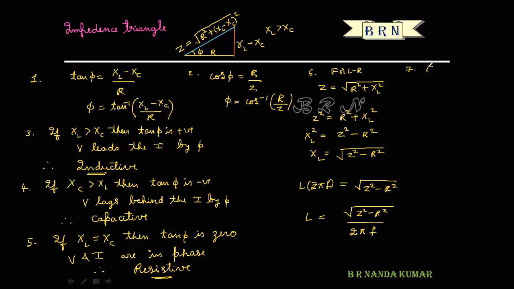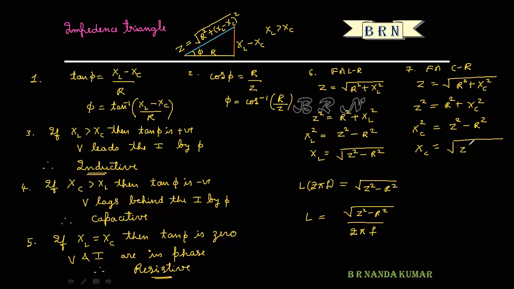Okay, for a CR circuit, the mathematical expression for impedance is Z equal to root R square plus XC square. So Z square is equal to R square plus XC square, XC square is equal to Z square minus R square, and XC is equal to square root of Z square minus R square.